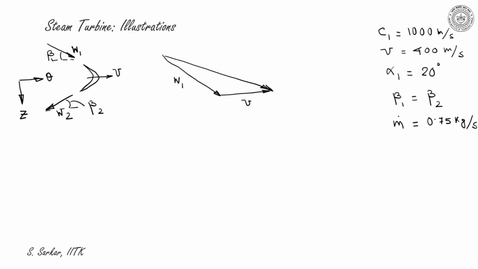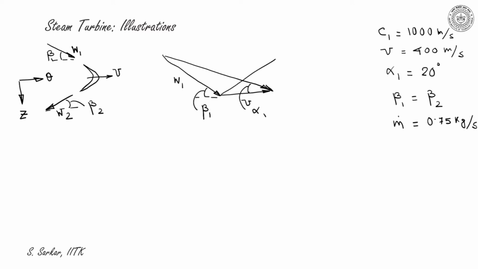So here I have indicated all the angles with respect to tangential direction. So this is beta 1 and this is alpha 1. Blades are symmetrical, that means W2 will make an angle beta 2, and here beta 2 must be equal to beta 1.